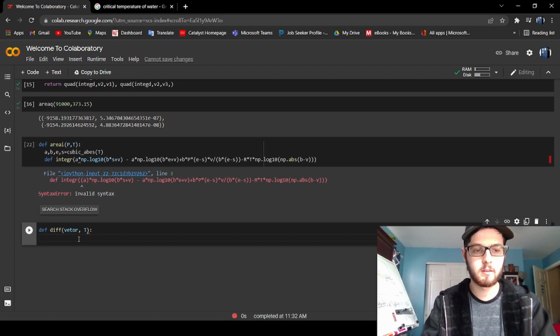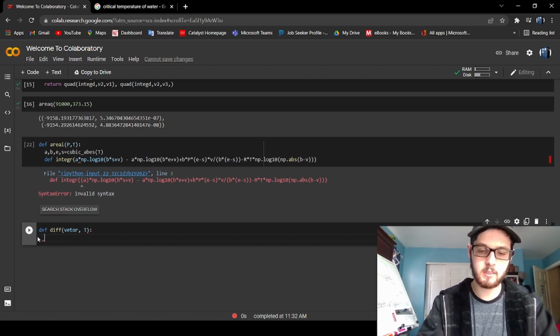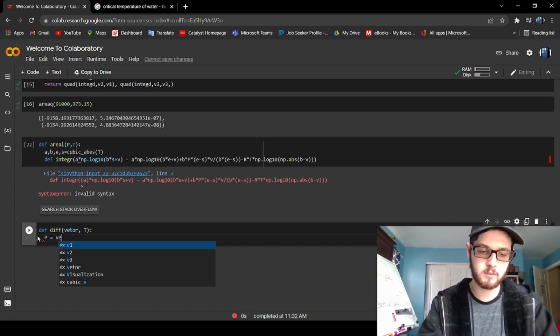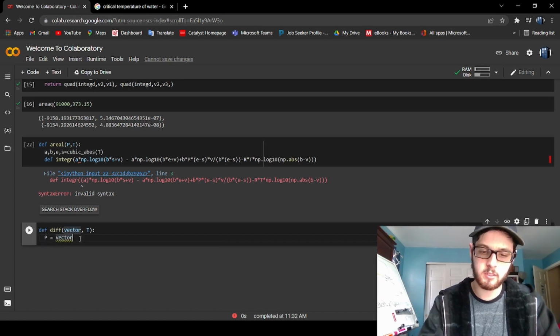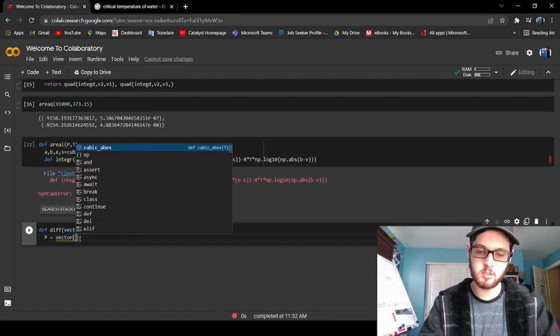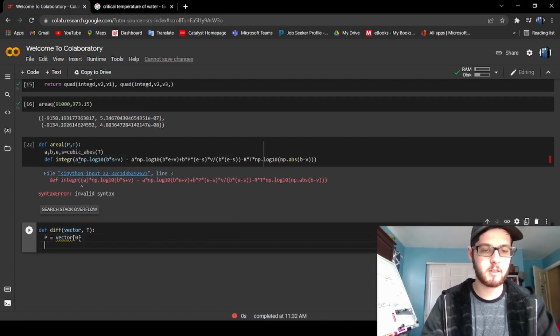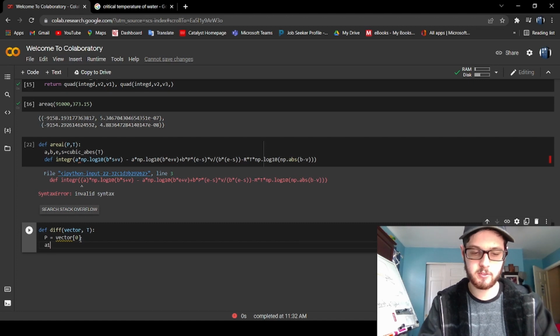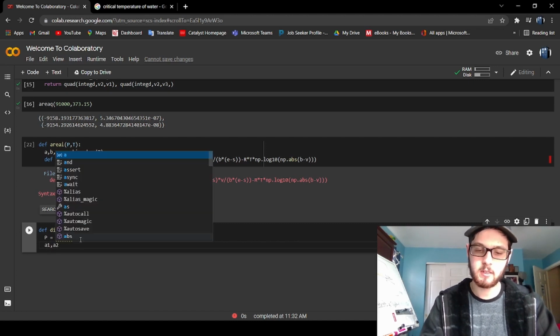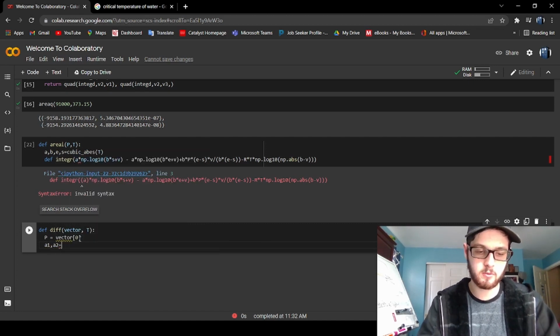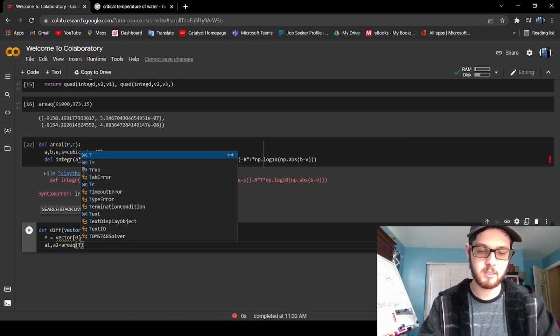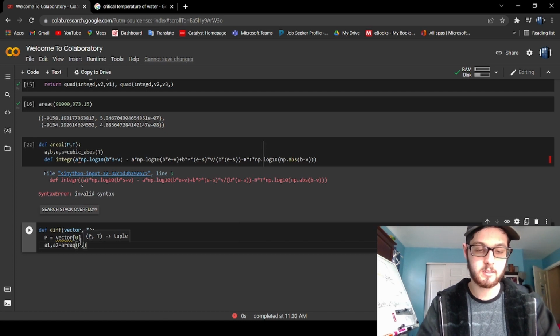Then pressure is going to be equal to this vector, and since this vector is going to return an array, we want just that first value of the array. Our first area and our second area are going to be equal to the quad area of p and t.